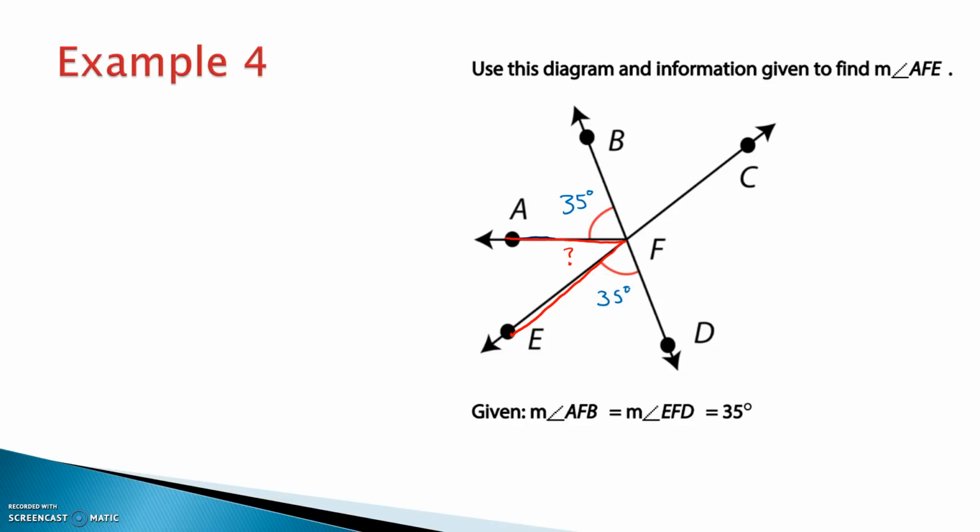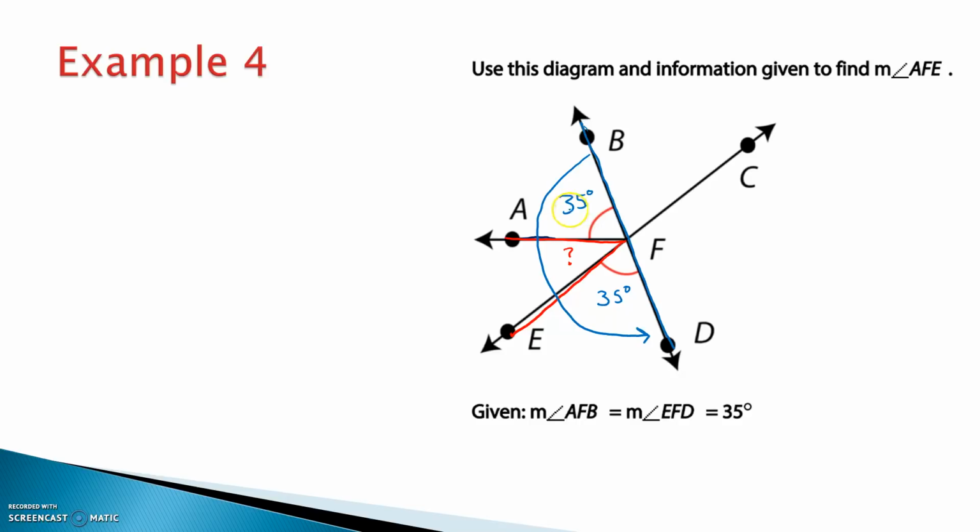How can I find that angle in between, AFE? Again, is it complementary, supplementary, or vertical? If I take a look at this straight line coming right down, I know that all of these angles, when they open up, should add up to how much? What do we call this? Supplementary. So I actually have 3 angles that give me my supplementary.